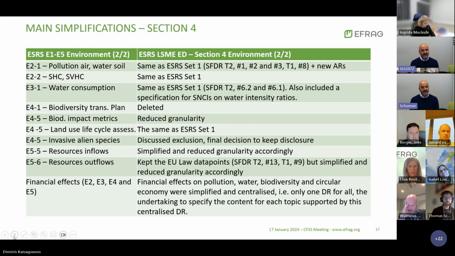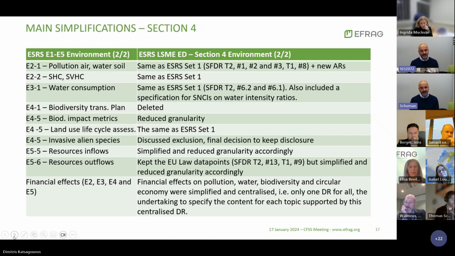On biodiversity transition plan, we deleted compared to set 1. For biodiversity impact metrics, we reduced the granularity. For land use life cycle assessment, we have the same content of ESRS set 1. In relation to invasive alien species, we decided to keep the disclosure. In relation to resource inflows, we significantly reduced and simplified the DR. In relation to resource outflows, we kept only the Euro data points, and we simplified and reduced the granularity.